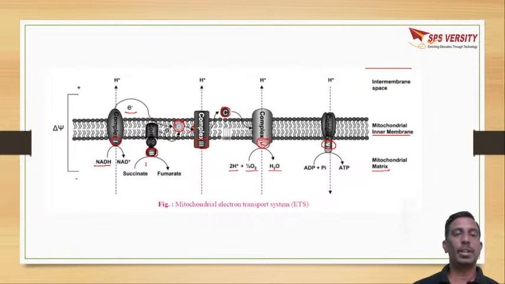FADH2 के लिए तो FADH2 will start its journey from complex 2. Complex 2 से शुरू होके electrons will be moved to quinone. Quinone से complex 3. Complex 3 से cytochrome C. Cytochrome C से complex 4.